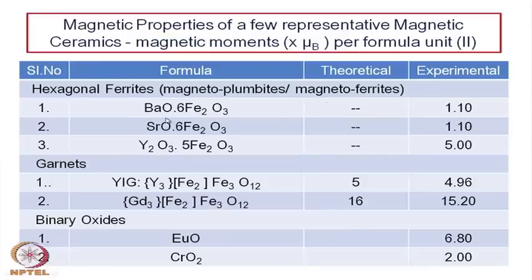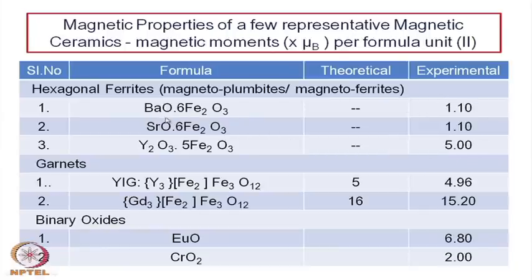So, barium hexaferrite, the experimental value, it is difficult to calculate here. In the spinel structure it is relatively easy to calculate, whereas in the magnetoplumbite structure it is not so easy from the crystal structure point of view, but the experimental values are here.